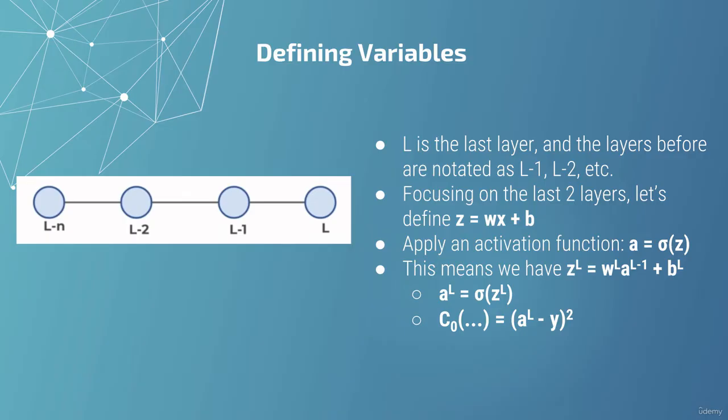So let's define our variables. L is the last layer, and the layers before are notated as L-1, L-2, all the way to some L-n.